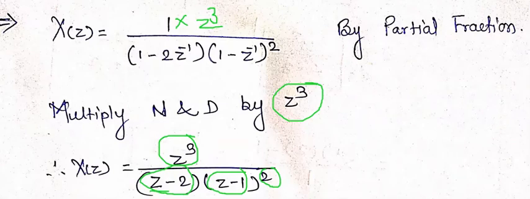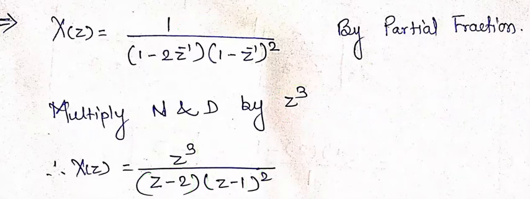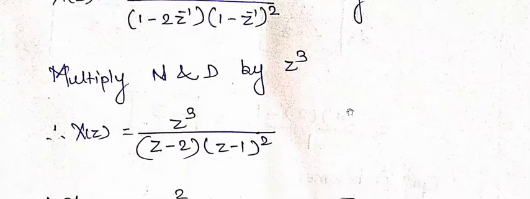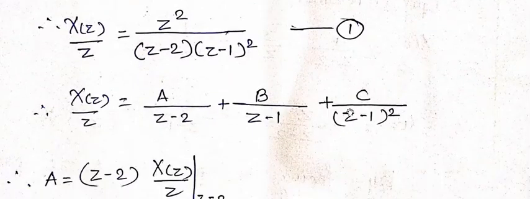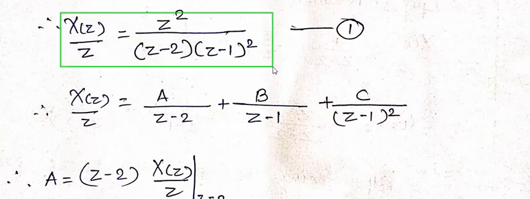So when we solve this, we can simplify it in terms of X of z by z. X of z by z will be represented as z square by (z minus 2) into (z minus 1) square.